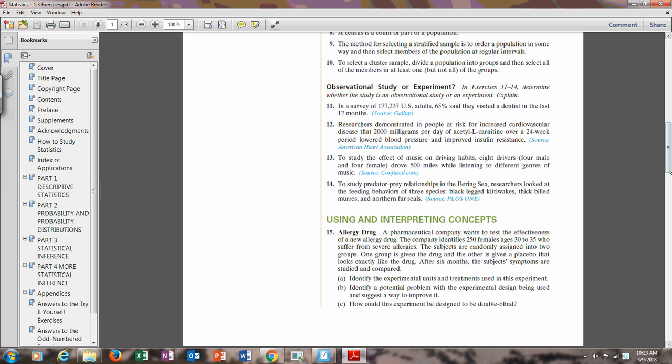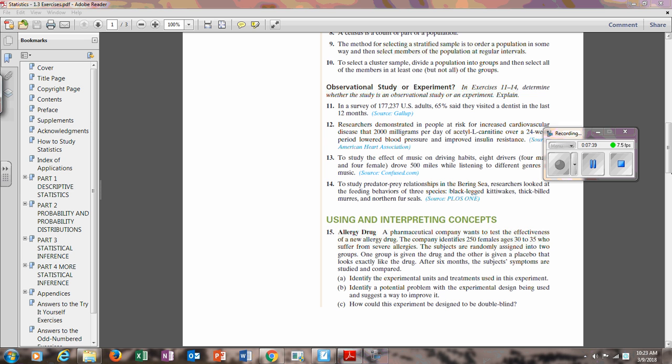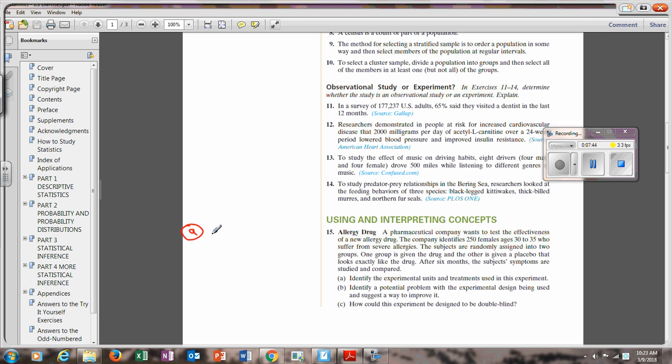So, the experimental units are females, ages 30 to 35.